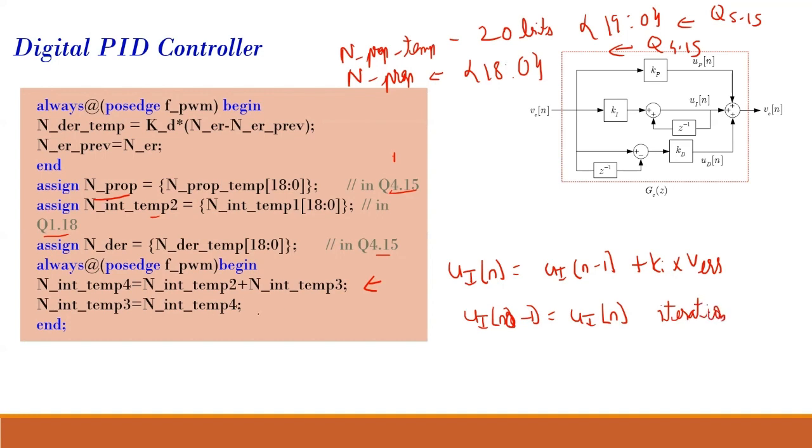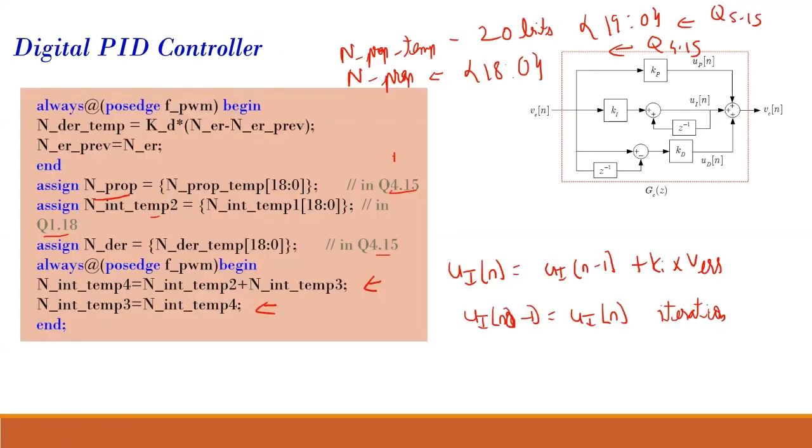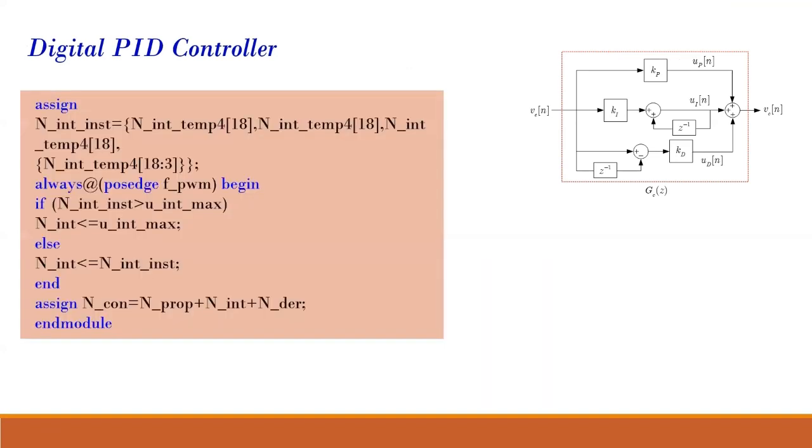So that is this part. Next, this comes out to be of the form, my n integral is of the form Q1.18, but my n proportional is Q4.15.